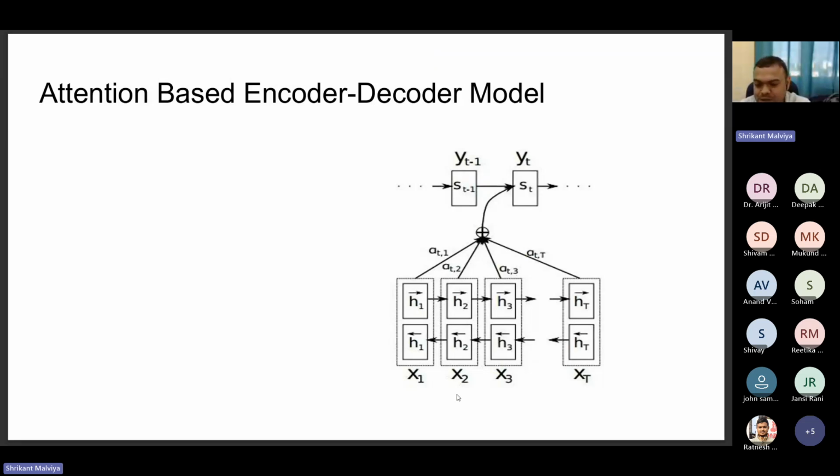The given input sequence is x1, x2, x3 up to xT. So there are T input elements, or we can say tokens, which will be processed in a bidirectional way.